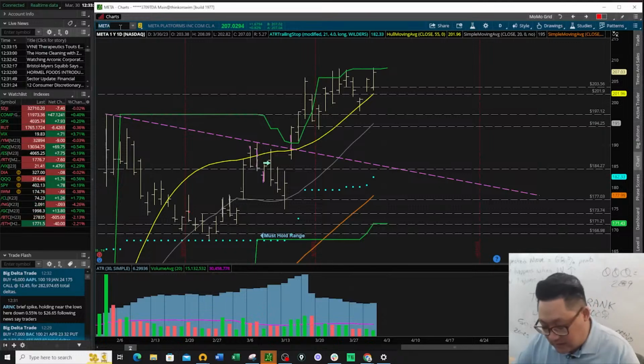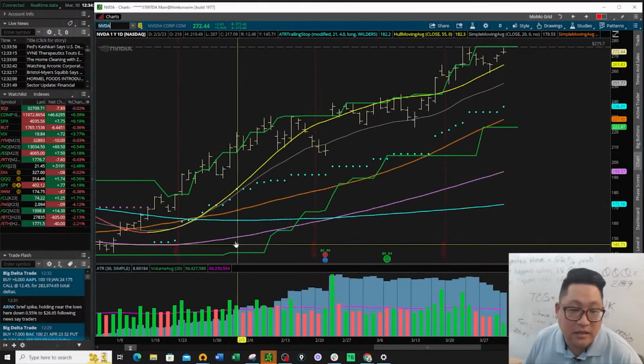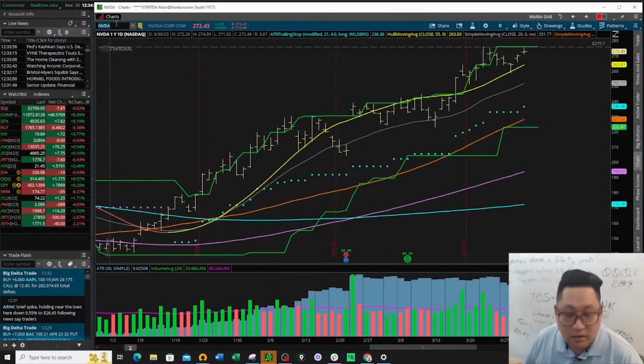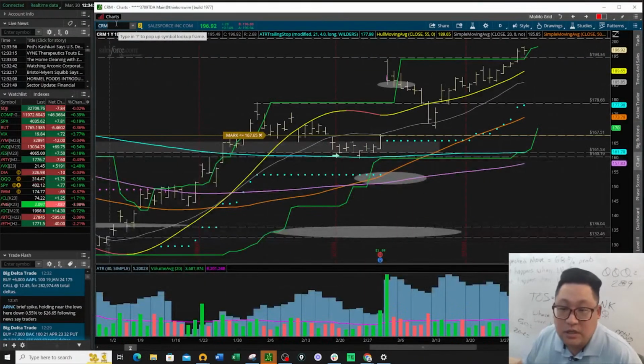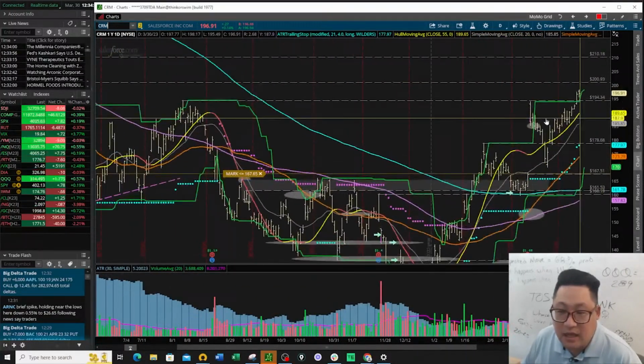We have seen stocks like Nvidia do the same thing as well when they break outside the top of the channel. Huge sustained breakouts. Currently, CRM is starting to showcase that exact same behavior.